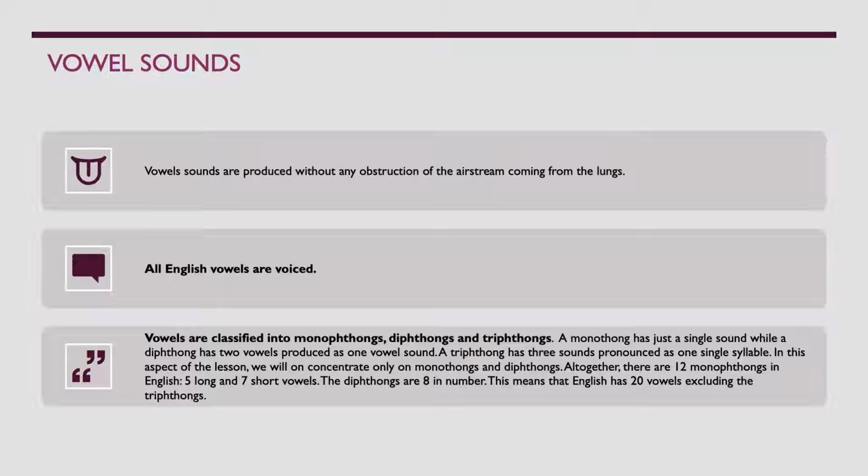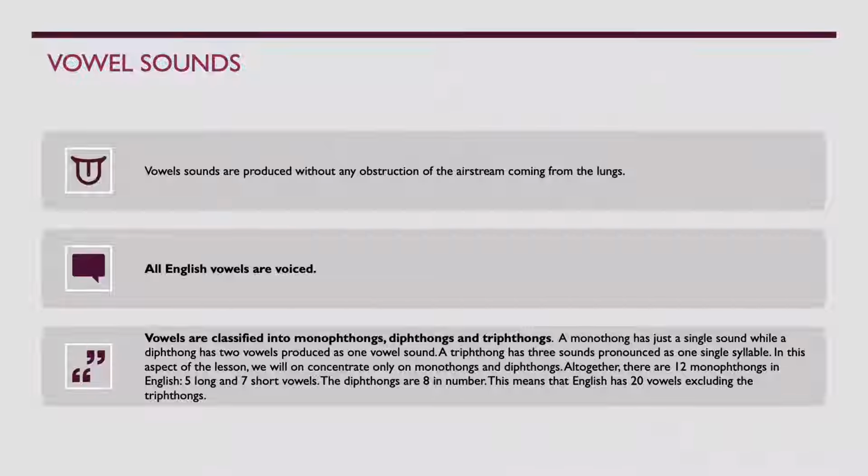In this lesson, we'll concentrate only on monophthongs and diphthongs. Altogether, there are 12 monophthongs in English. Traditionally, you say 5 long and 7 short ones, but this is not totally true. We don't usually use that description of long and short, but for now, we can stick to that.